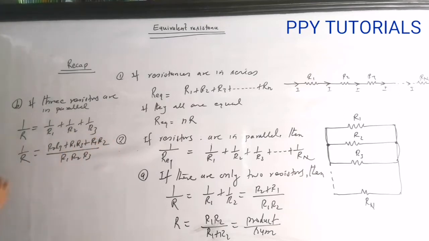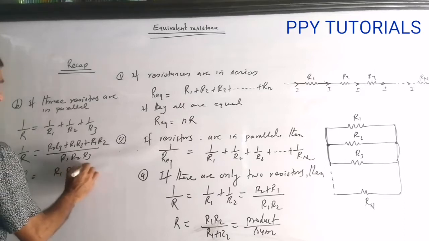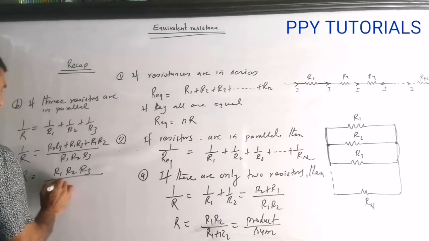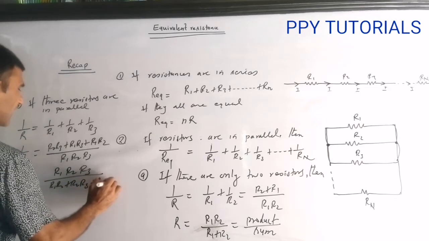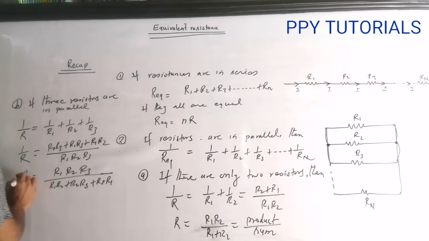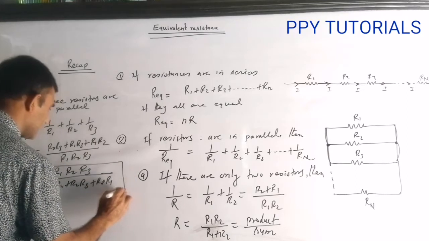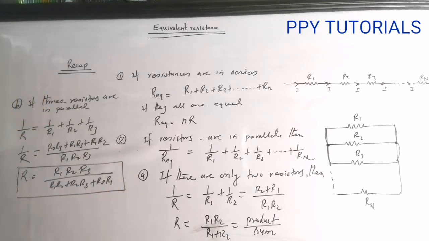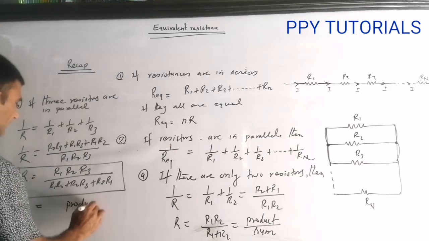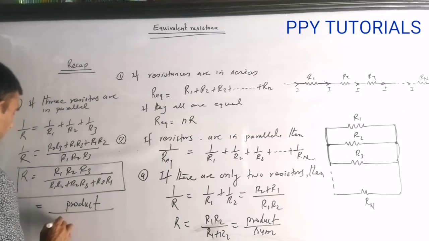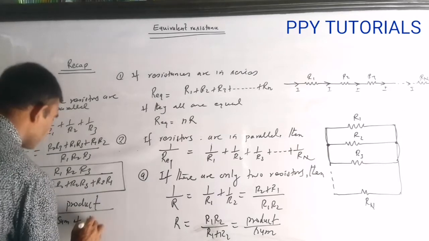This is 1 by R equivalent. Let's take the reciprocal, and this becomes R1 R2 R3 upon R1 R2 plus R2 R3 plus R3 R1. So this is the formula if 3 resistors are connected in parallel. But we do not need to remember this either. It is just product by sum of products, sum of products.